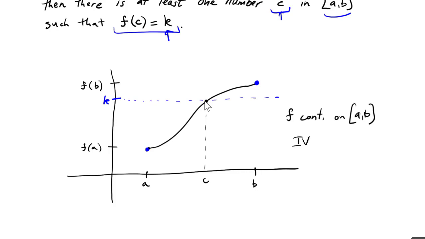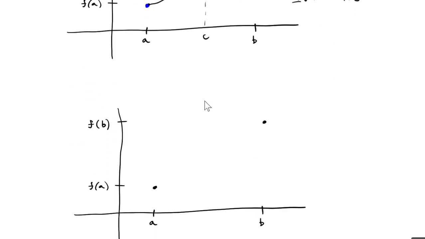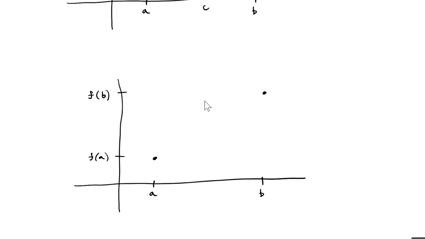That ensures that IVT holds and that I can make this conclusion. If I threw out the idea of continuity, then I could start seemingly defeating this theorem, but I'm not really. We're going to see how important continuity is here.